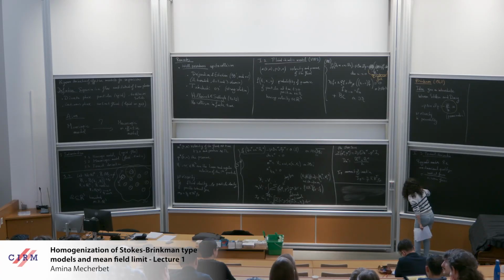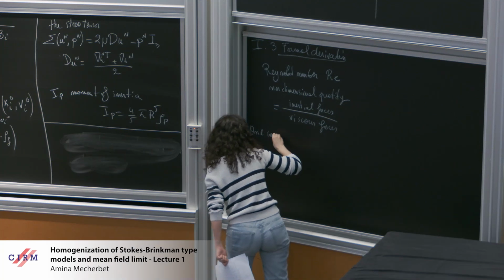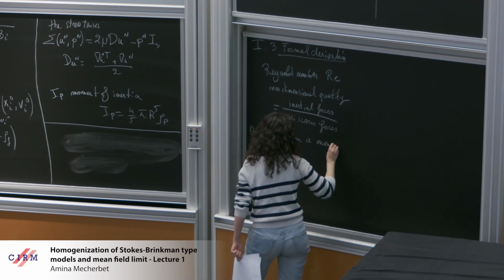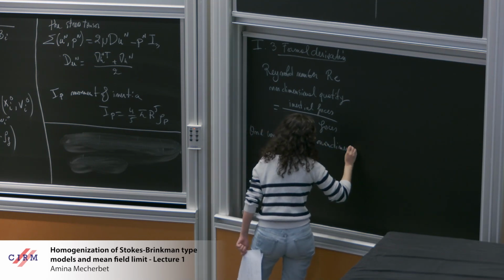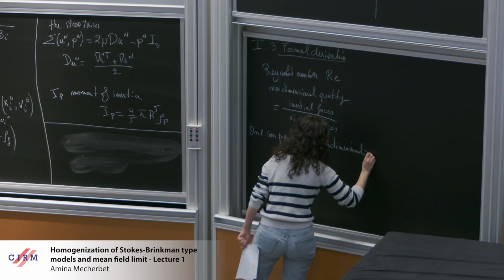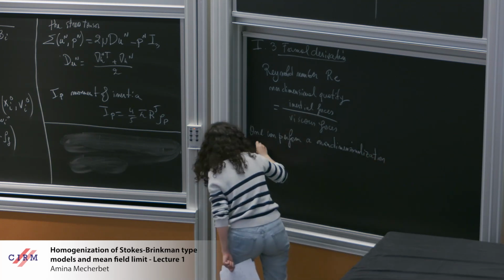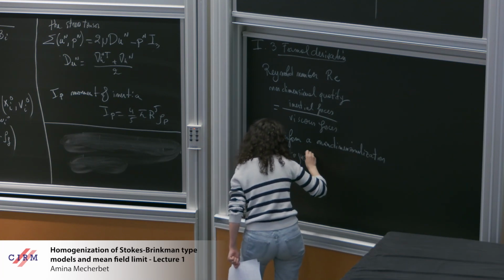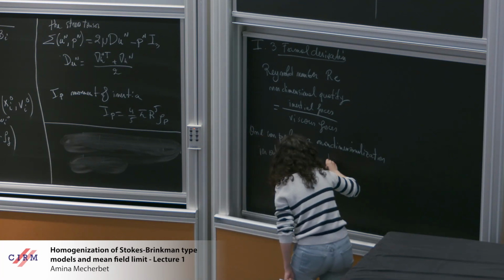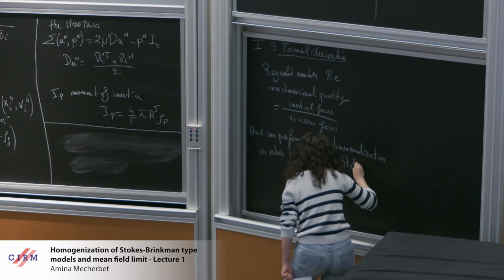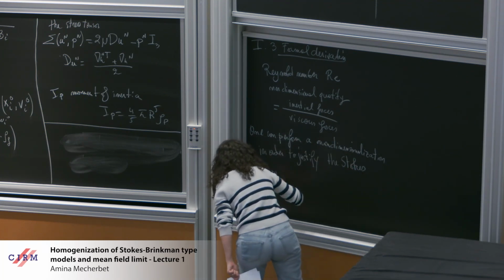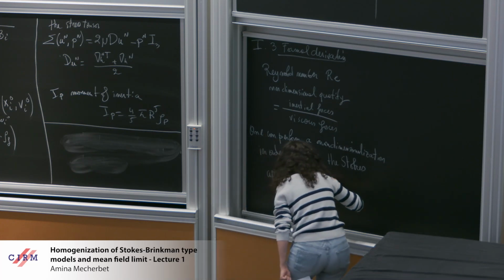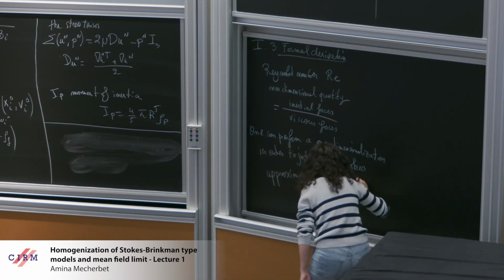One can perform a non-dimensionalization in order to justify the Stokes approximation in a regime where the volume fraction of the particles is small.